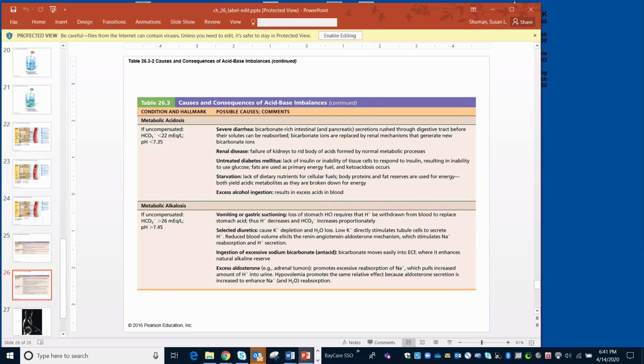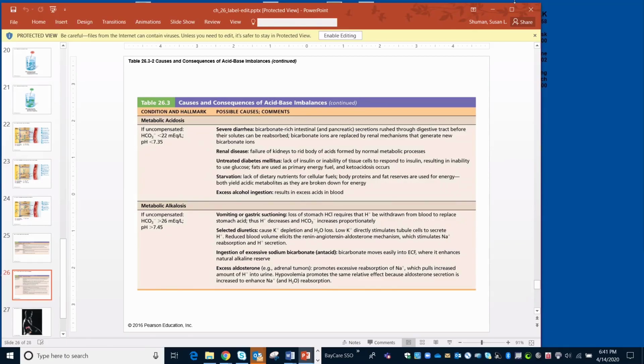Okay, so now we go through the steps. We've got our alkalosis in normal range. We looked at these two, they're out of whack, and they're out of whack in the same direction, correct? So we know one is compensating for the other because they're both out of whack in the same direction, up.